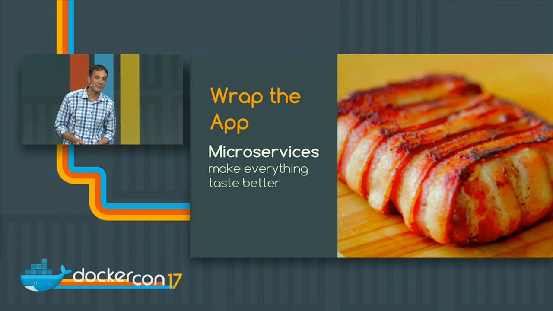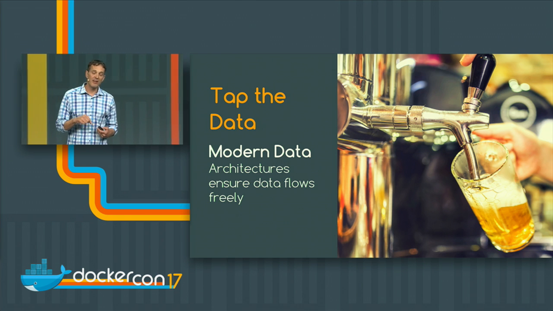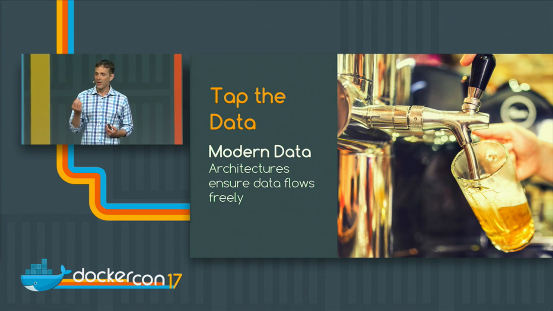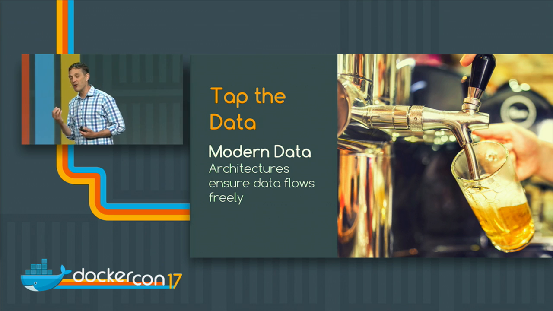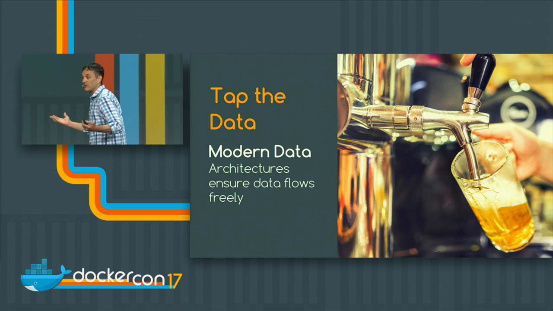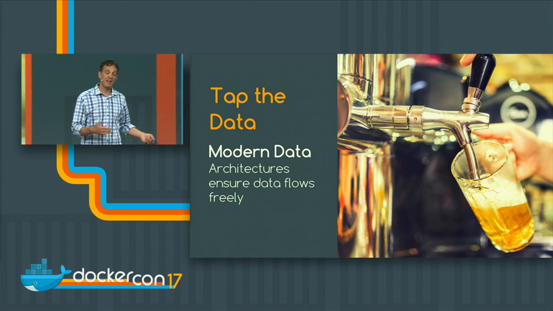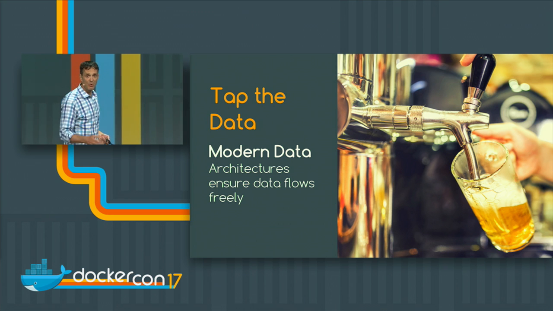Step 2, you need to tap into the data stores on those systems of record. And what you're looking to do is modernize the way you access the data. You can use a number of technologies to do this, from APIs for your data to big data like Hadoop to NoSQL.